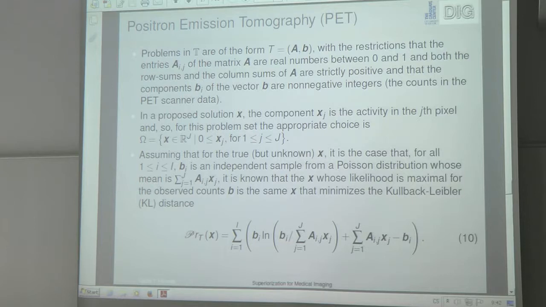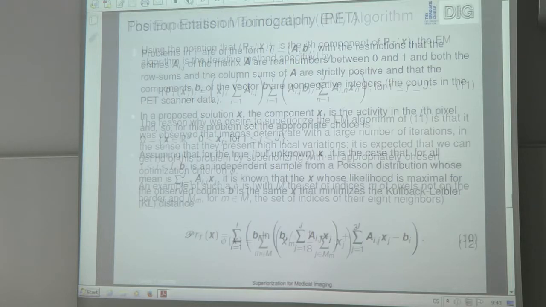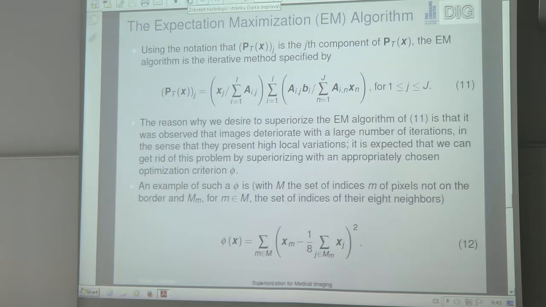In this application, we take the known difference between Ax and b. Here we have another distance, which is used quite a bit in statistics when Poisson distributions are involved. There's a perfectly fine definition, and trying to minimize this is a respectable endeavor in positron emission tomography.